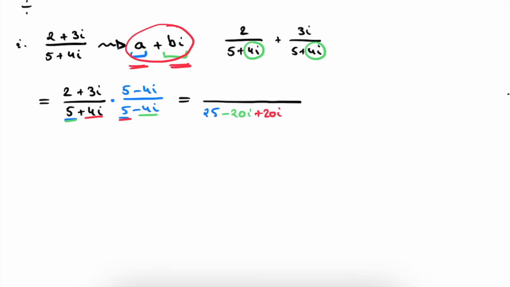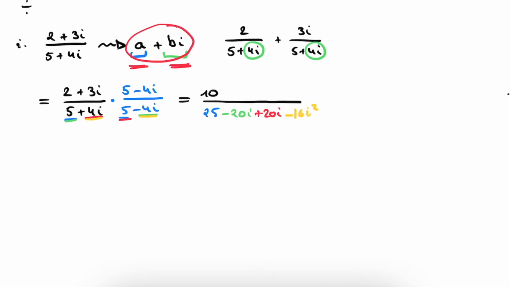And eventually we multiply 4i with minus 4i, which becomes minus 16i squared. And of course, this looks a lot like what we had in a previous exercise, where we multiply a complex number with another complex number where only the imaginary part changes sign. So we actually already know what this will become.